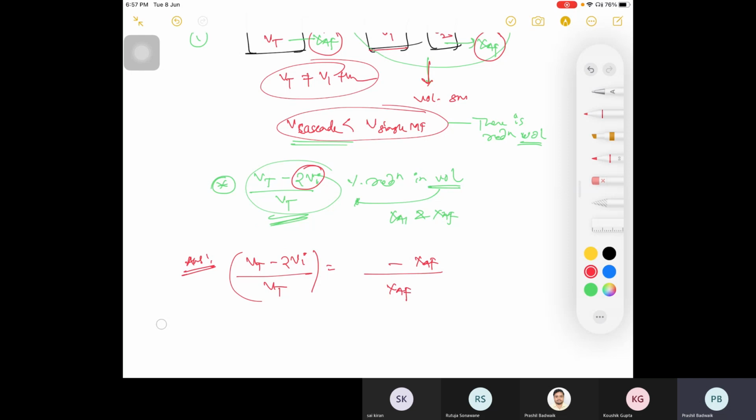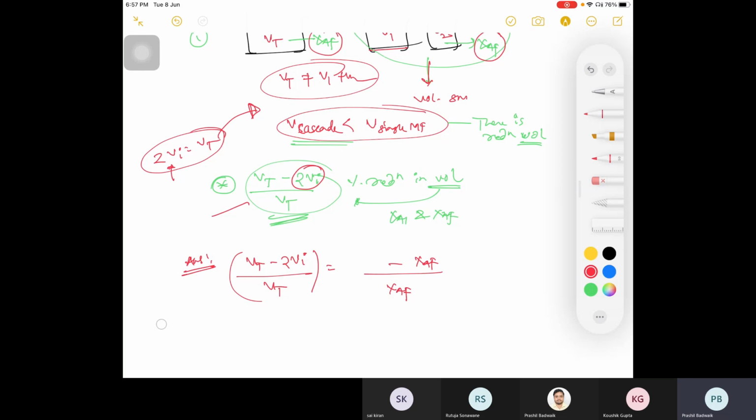Here you found that twice the volume of the individual reactor is equal to the total volume, right? In the previous question, we found that when the volume of each individual reactor is equal, I get maximum conversion.